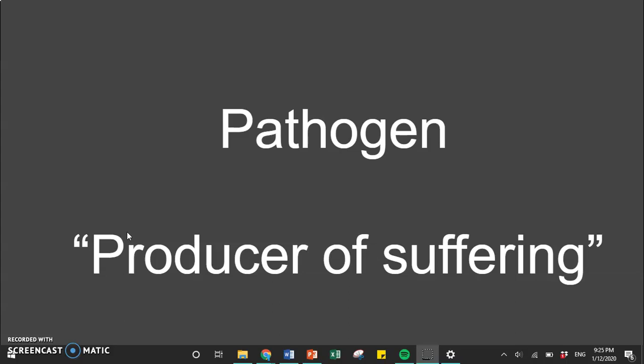First, pathos, which means suffering, like pathology, the science of studying diseases, and ogen, gene, comes from this root, as does oncogen, producer of cancer. So together, if we smash them together, pathos, suffering, gen, producer, we get producer of suffering, so pathogen.